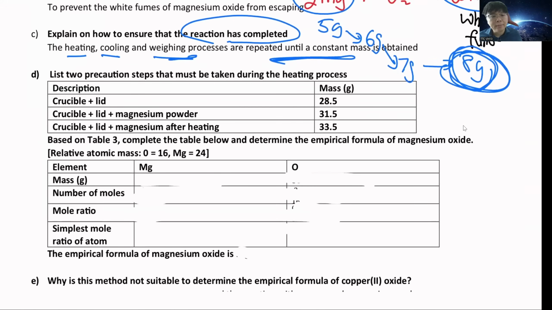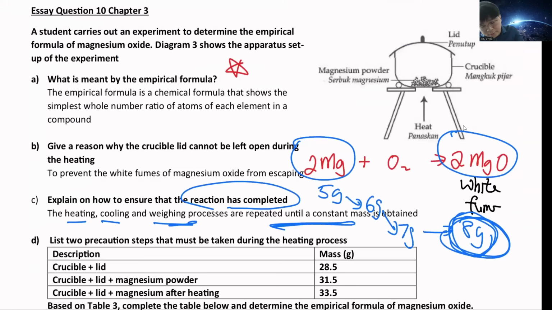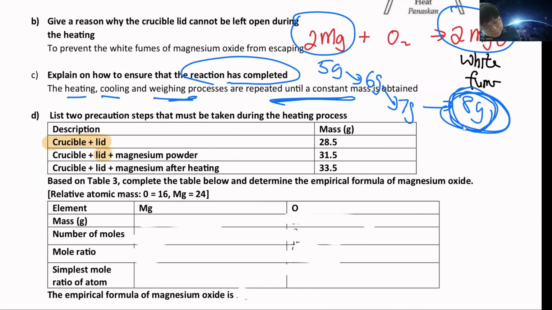Okay. Now the empty crucible and the lid, plus the magnesium: you take 31.5 minus 28.5, you'll get the magnesium. After heating, the magnesium becomes magnesium oxide.